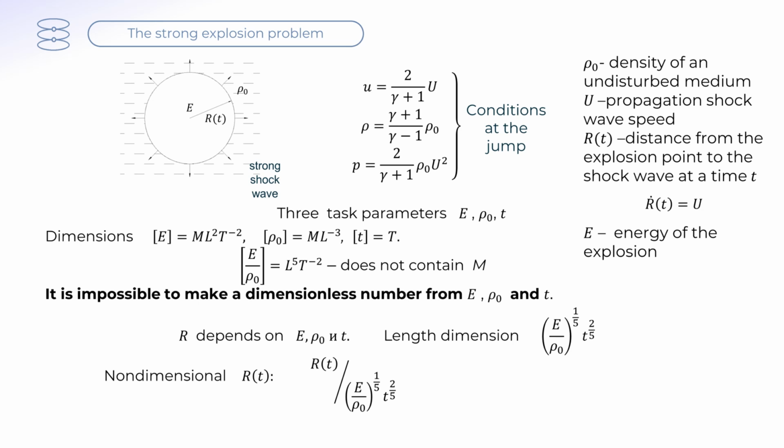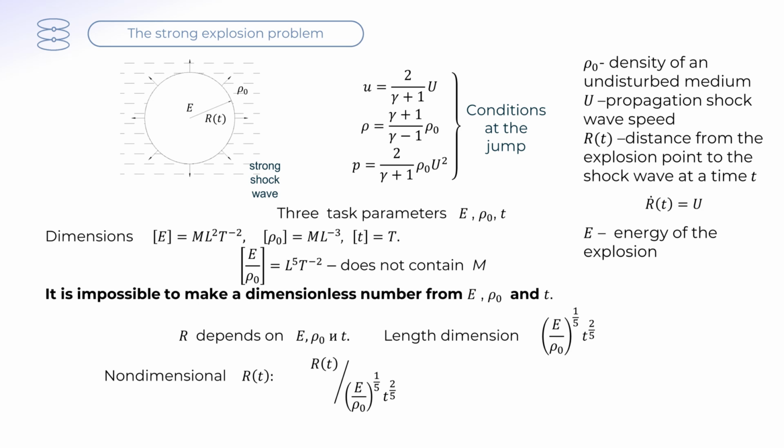And from the three parameters, energy, density, and t, it's impossible to make a dimensionless number. On the other hand, the distance depends on these parameters: energy, density, and t.